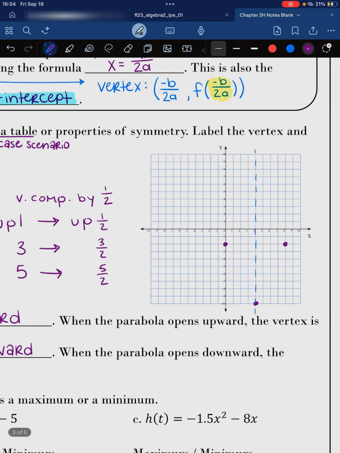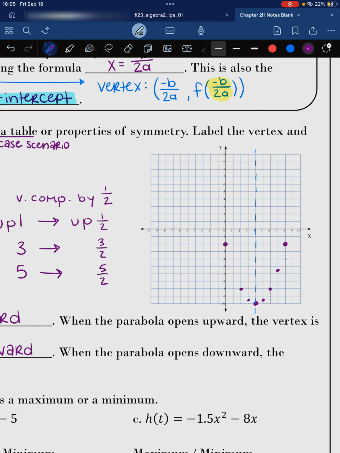Okay, so I'm going to go over 1, up a half, over 1, up 1, 2, 3 halves, over 1, up 1, 2, 3, 4, 5 halves. Just to prove that this pattern holds, I'm going to go over 1 and then up 7 halves, over 1, up 1, 2, 3, 4, 5, 6, 7, and it lines right up with that point I already knew was on my parabola.